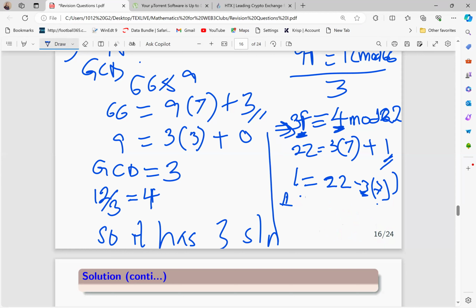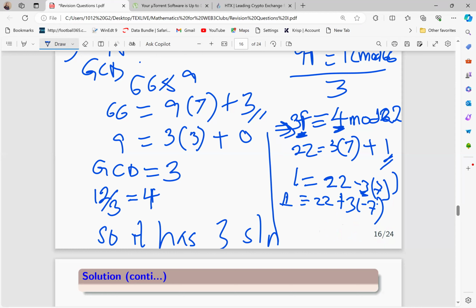So this can be rewritten as 1 is congruent to 22 plus 3 multiplied by -7, which is the same thing. Look at this equation. We want a number which multiplied by 7 gives us 1.